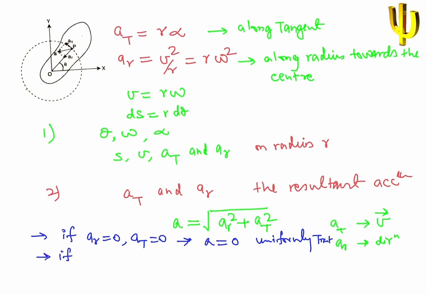Now if AR is equal to 0 but AT is not equal to 0, then in that case total acceleration will be equal to tangential acceleration, and in this case motion is accelerated translatory.